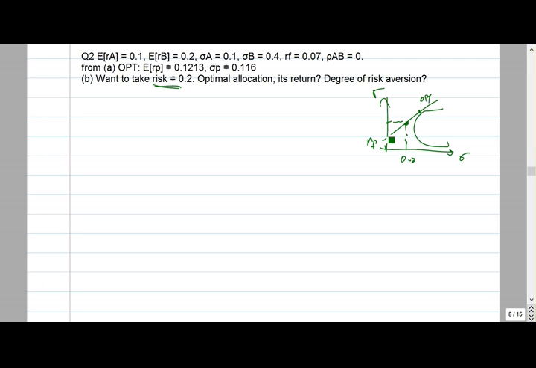So this is basically some proportion of risk-free and some proportion of risky, the optimal risky that we found in part A. So we just want to find that proportion. So suppose we are investing Y in the optimal and 1 minus Y in risk-free, then we can actually compute this.